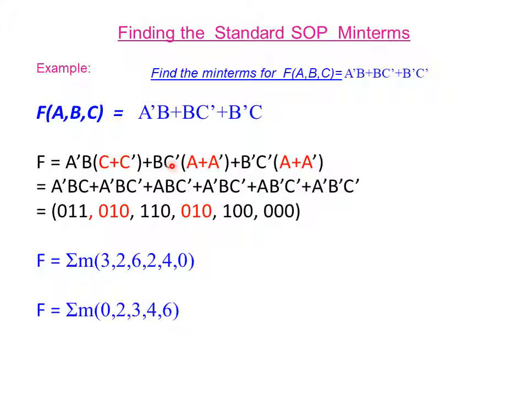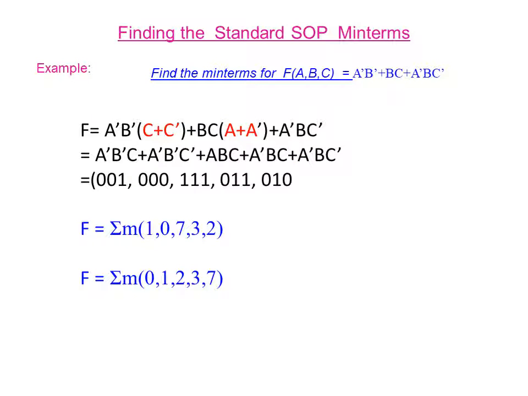In the second minterm variable a is missing. In the third minterm also variable a is missing. Now we multiply the terms, then write the equivalent binaries, then eliminate the repeated terms. 0, 1, 0 is repeated 2 times, so we eliminate it. Then we write the equivalent decimal.